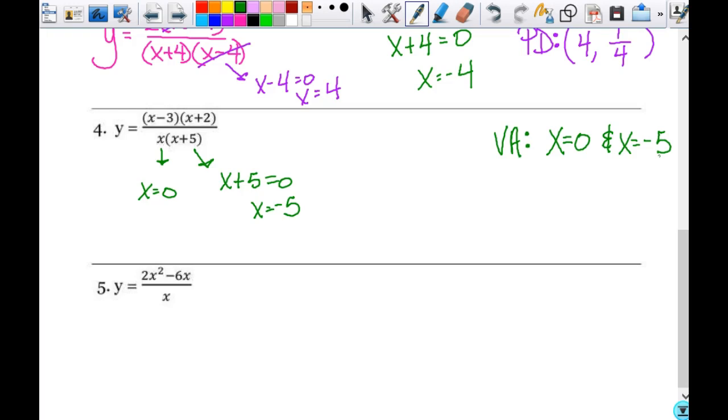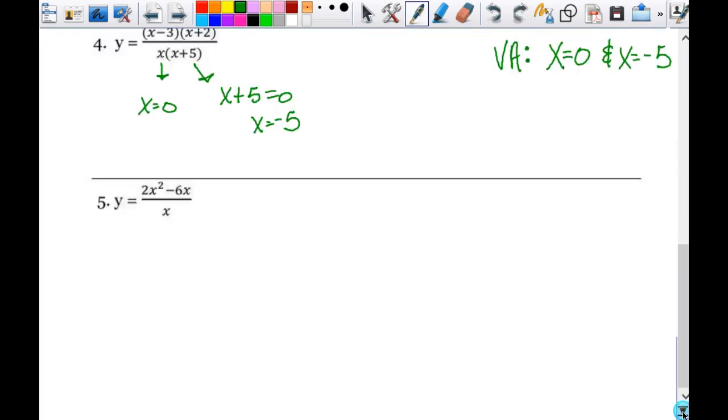All right, do the last one, or the number 5 rather. Once you get it factored to that point, what do you know for sure it has at this right now?